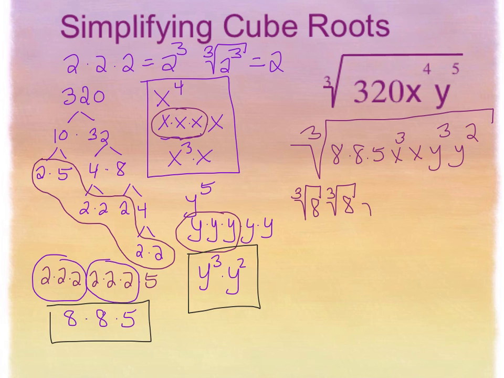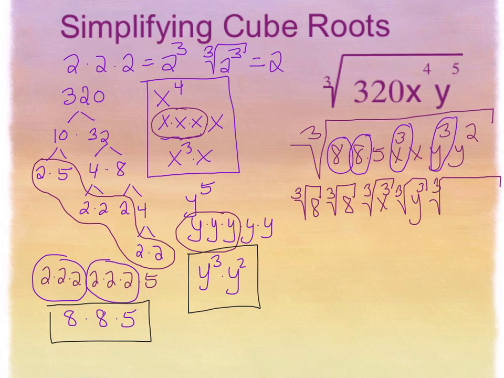We can pull each of these perfect cubes out. So I might as well circle them just to highlight them. The 8, the x cubed, and the y cubed are all perfect cubes. So I'm pulling them all out separately. And of course, what's left are imperfect cubes, so I have to leave that 5 in there, the x, and the y squared.